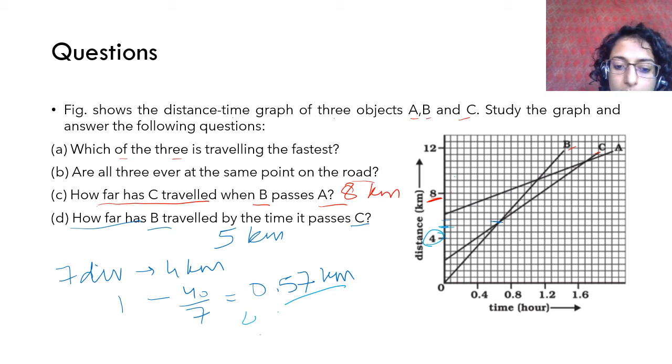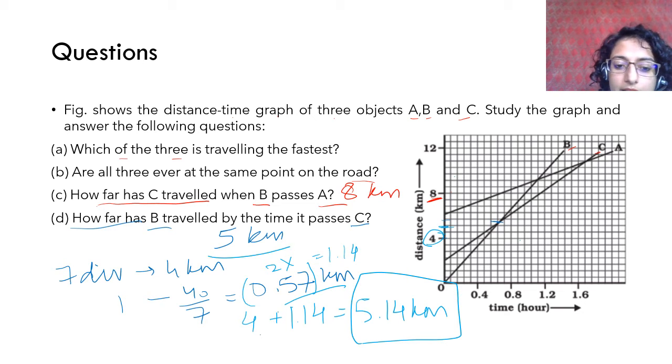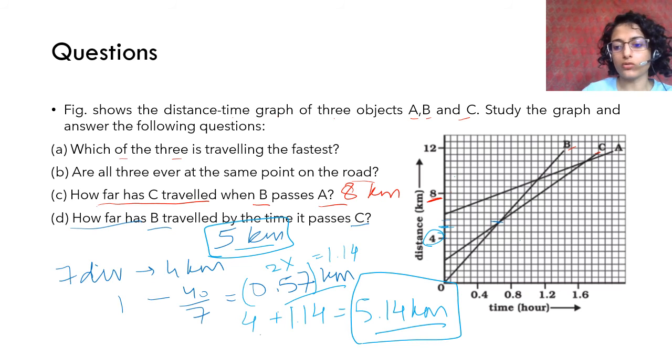So 4 plus 2 into this much, because this is 1 division. This is 1.14. So 5.14 kilometer. If you want to be completely exact, you can say approximately 5 kilometer or you can say 5.14 kilometer. ठीक है? Understand this?